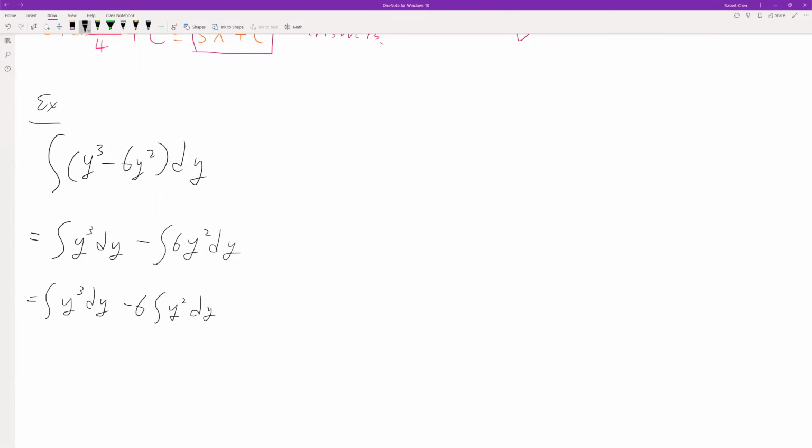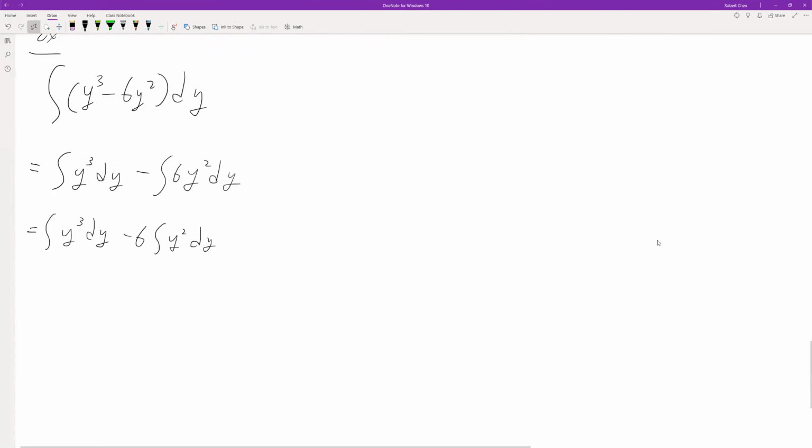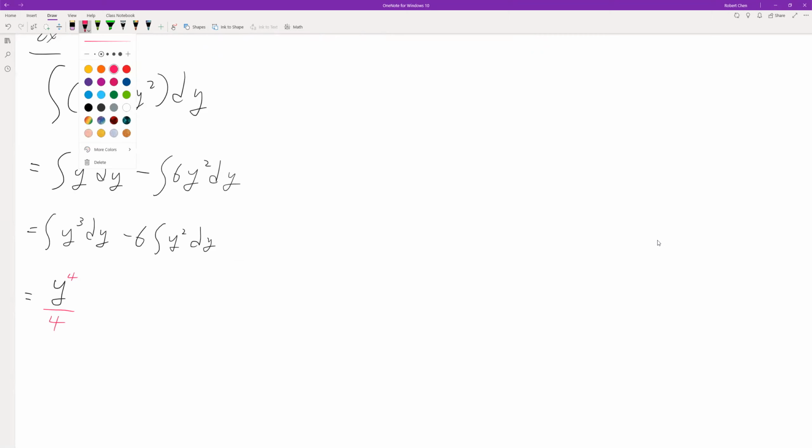So basically we're just integrating y cubed and y squared. Add a power and divide by the new power. So y to the power of 4, divide by the new power. And I'm not going to worry about the c for now. I'm just going to add that at the end. And then minus 6y to the plus 1 power, which is 3, and then divide by 3.